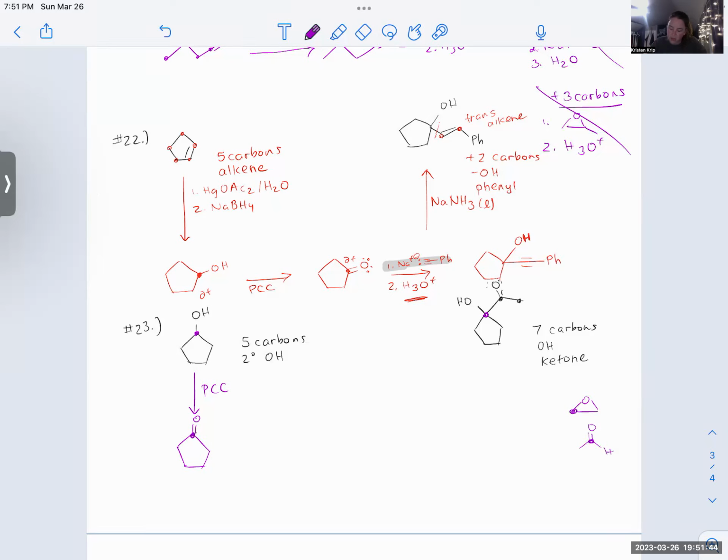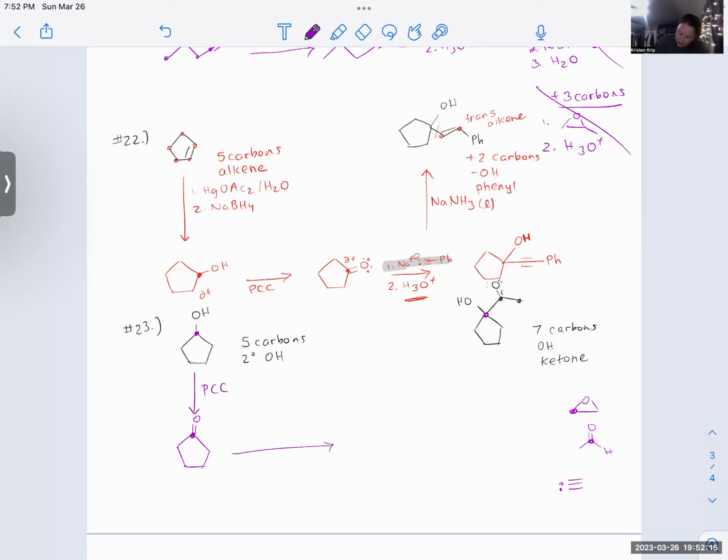And what is generally good at that? We've been using it a lot. We're adding 2 carbons. Yeah, I know, this is another weird one. It's so awkward.